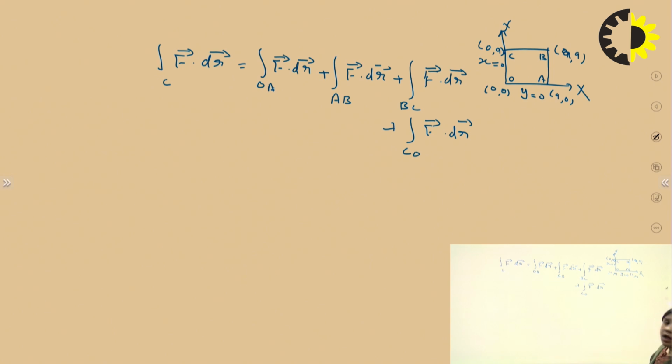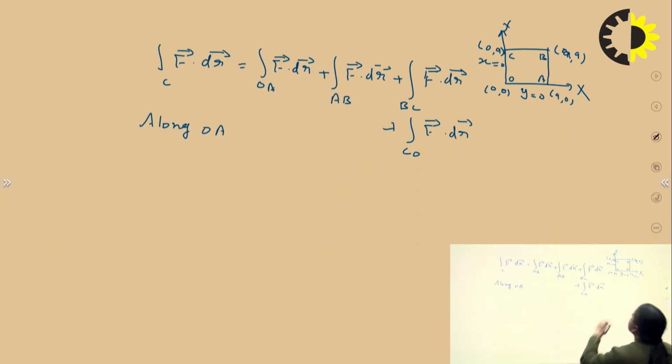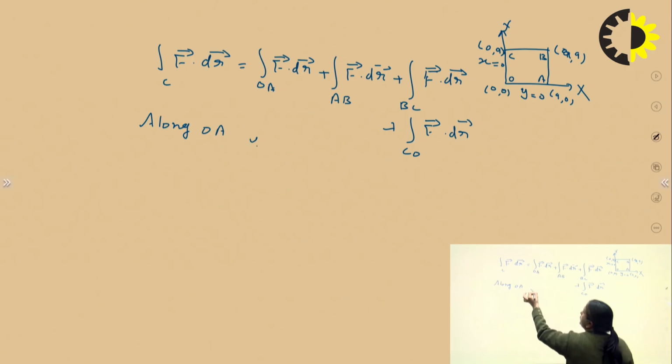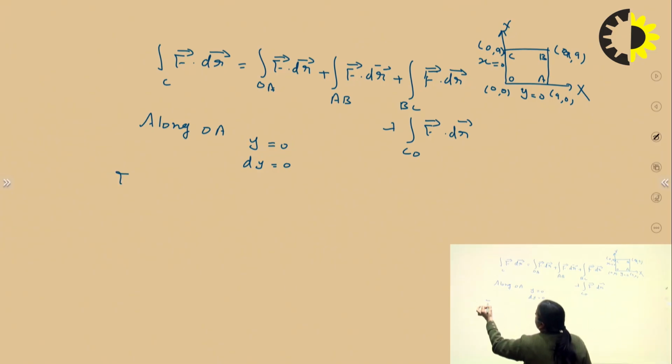First we find along OA. The equation of the line OA is y equal to 0. If y equal to 0, then dy is also 0.